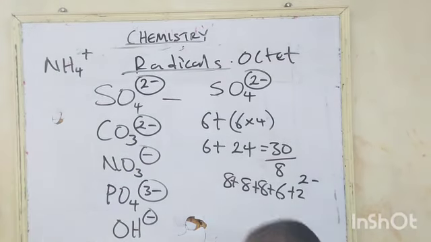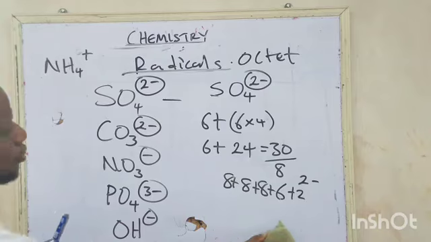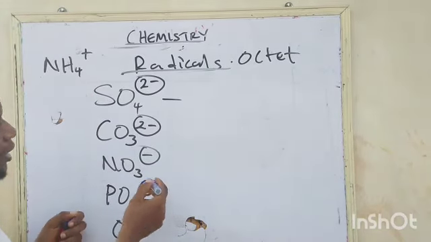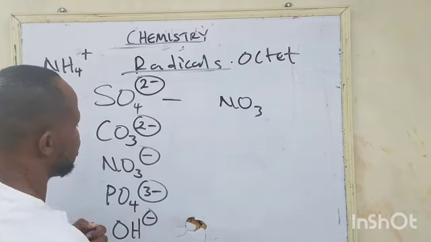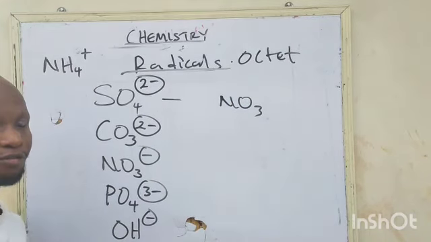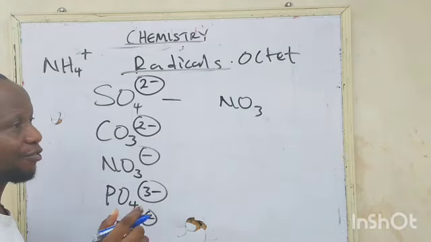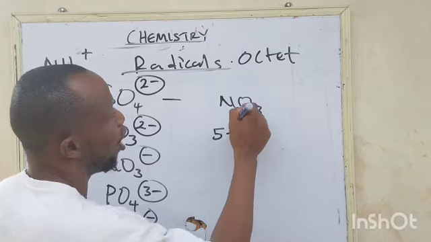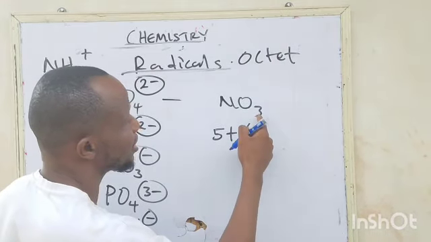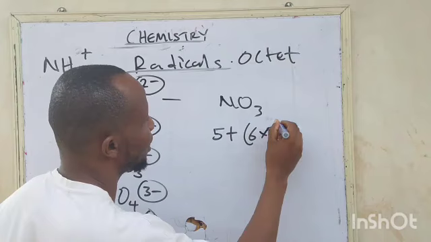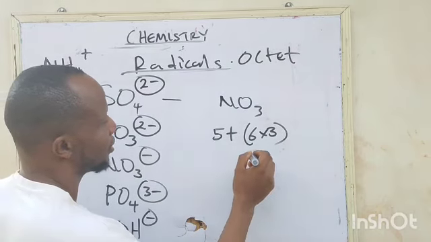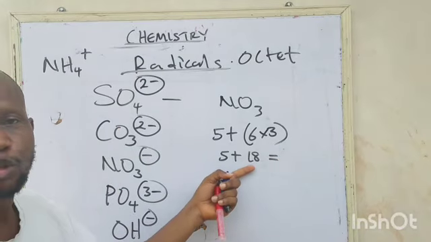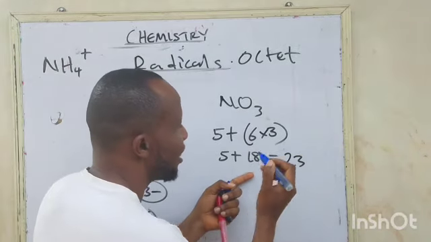Now let's look at nitrate, NO3. Nitrogen is in group 5, therefore having 5 valence electrons. We have 5 plus oxygen, which has 6 valence electrons, 6 times 3 atoms, this is 18. 5 plus 18 equals 23.